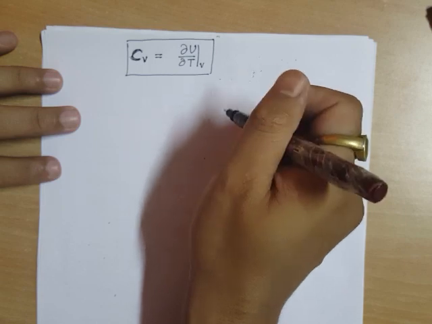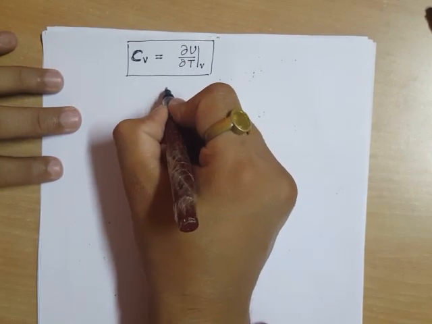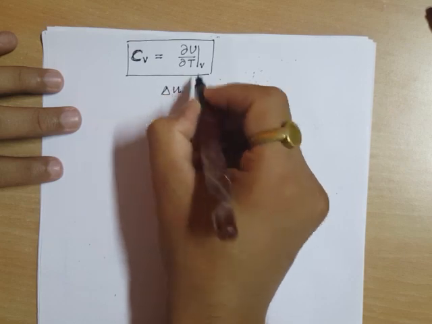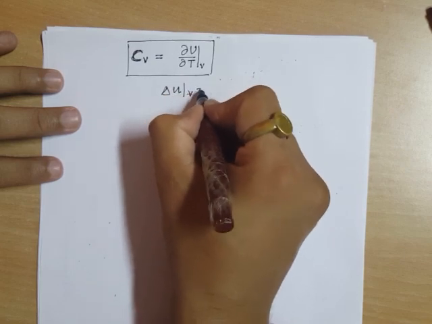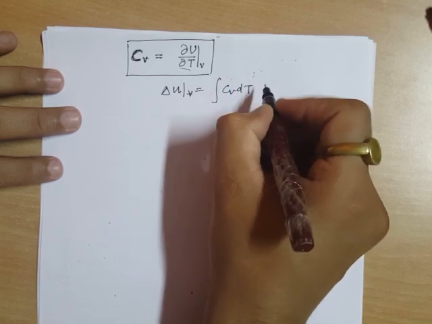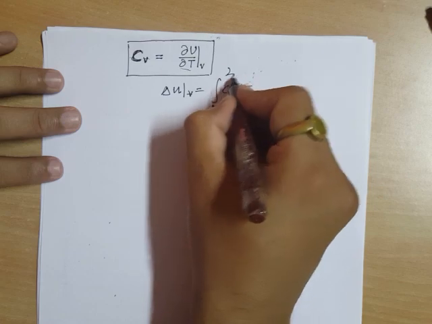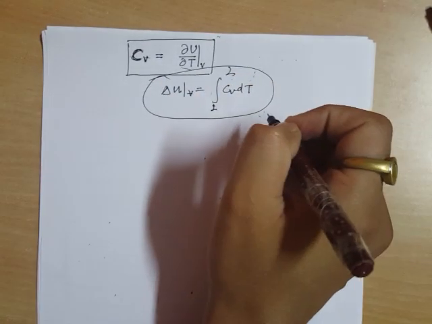So for a constant volume process, I can write delta U as the integral of Cv dT, with limits from 1 to 2.